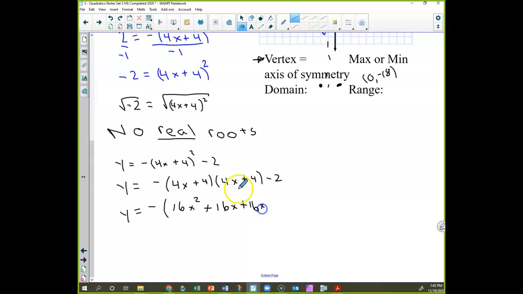We got all kinds of 16s in this problem. 4 times 4 is going to give us 16. And then we got minus 2. So y is equal to the opposite of 16x squared plus 32x plus 16. And then minus 2.